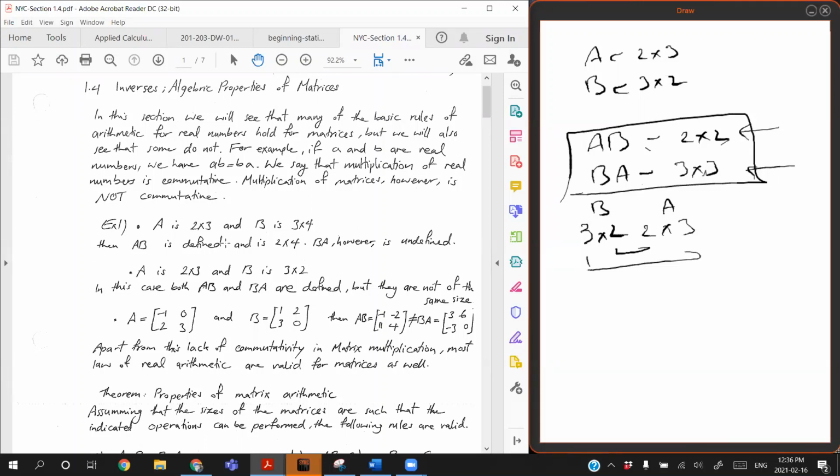And there is even a third one. You may ask, what if these are square matrices? What if A is 2 by 2 and B is also 2 by 2, so that AB is defined and it's 2 by 2, and BA is also defined and it's 2 by 2. Isn't A times B the same as B times A in that situation? There's also a counterexample for that here.